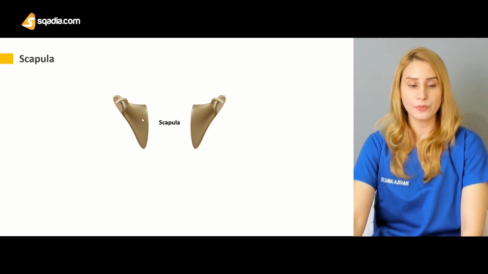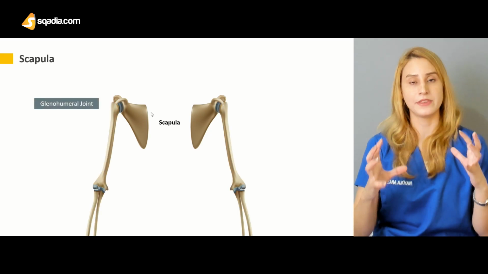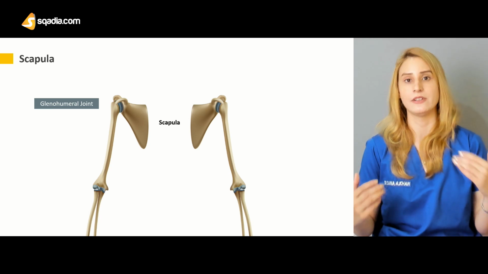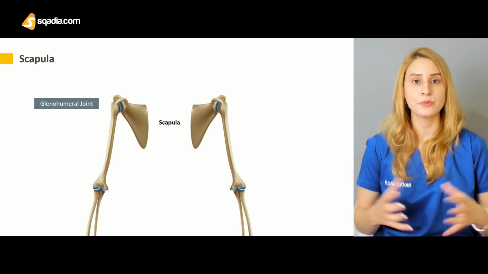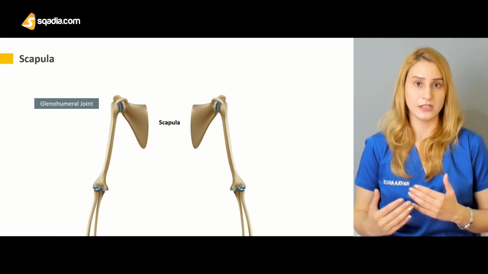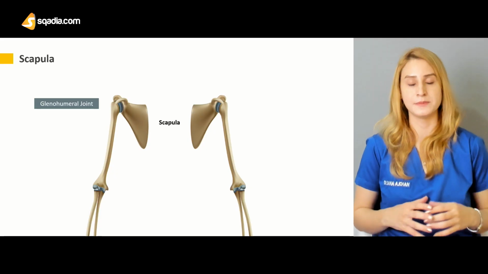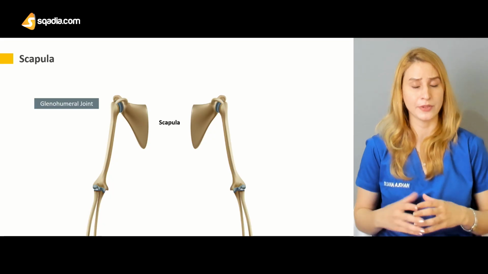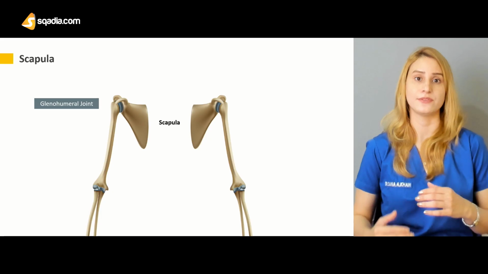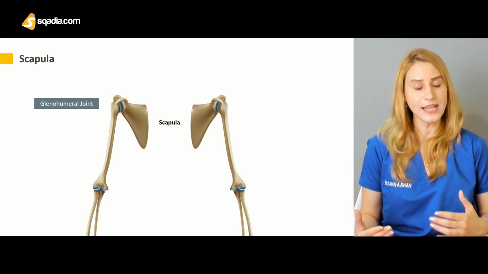When you talk about the important structures making the glenohumeral joint or the acromioclavicular joint, the scapula has the spine of the scapula, and the lateral end of the spine makes up the acromion process, which attaches to the acromial end of the clavicle, making the acromioclavicular joint.